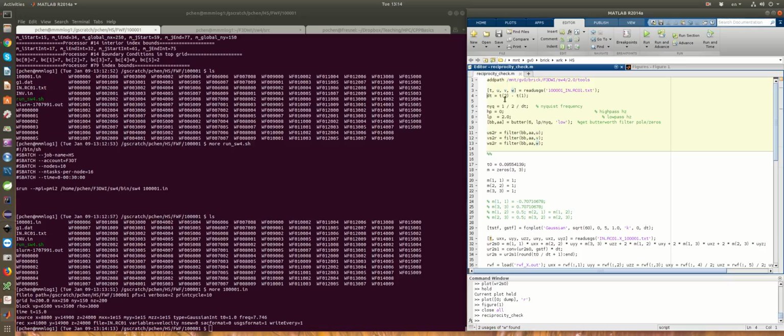So dt is just t2 subtract t1, and then from that I can compute the Nyquist frequency and construct a Butterworth low-pass filter to filter the synthetic seismograms. The synthetic seismogram actually looks really clean. I don't really have to filter it in any way. But the reason that I'm filtering it is because there's a filter built into the receiver Green's tensors, the RGTs.